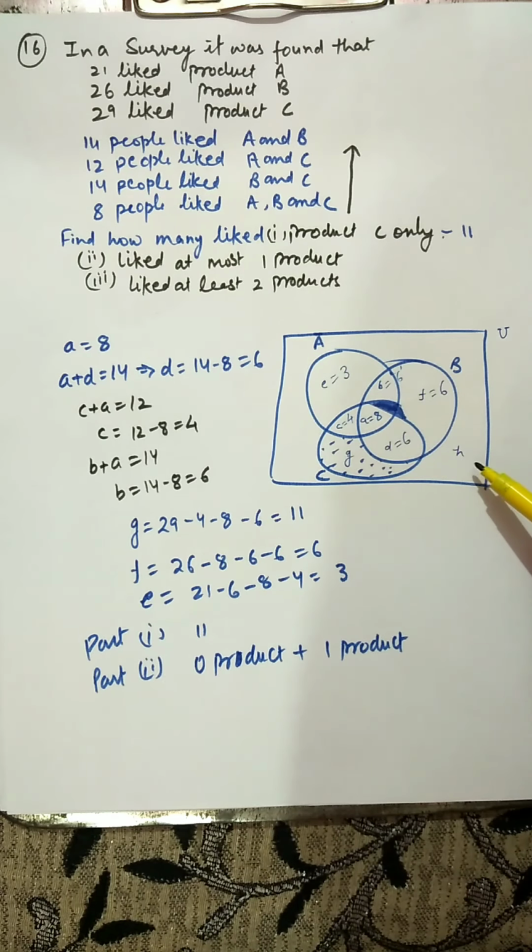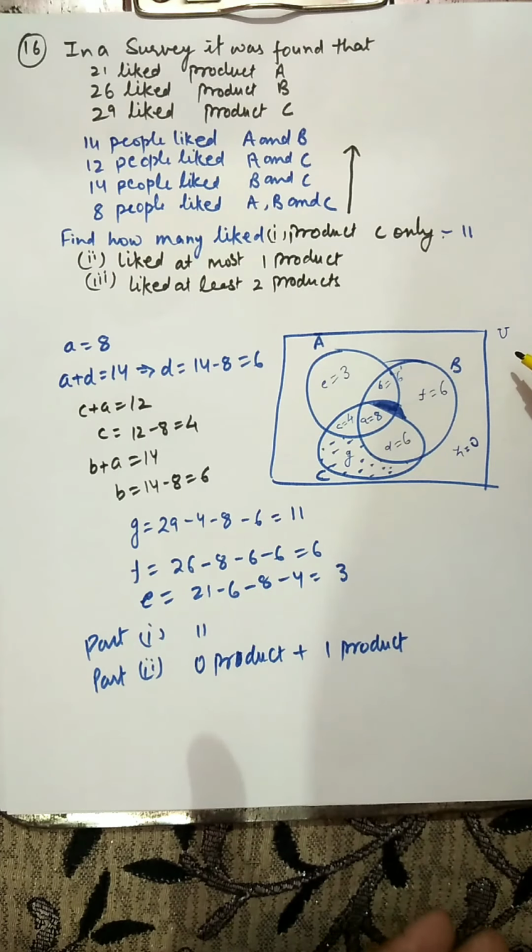This H value is not given to us because the universal set is not given. So H we cannot find. So here we assume that H equals 0, meaning there is no person who is outside these circles, no person who is not liking any of the products. We assume H equals 0 because it is not given in the survey how many people there are.